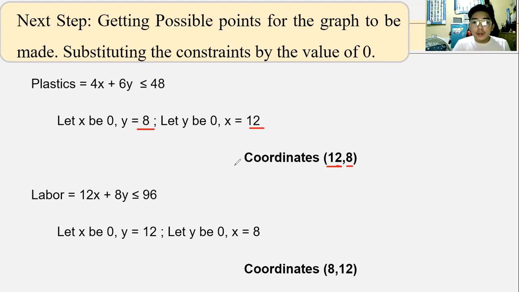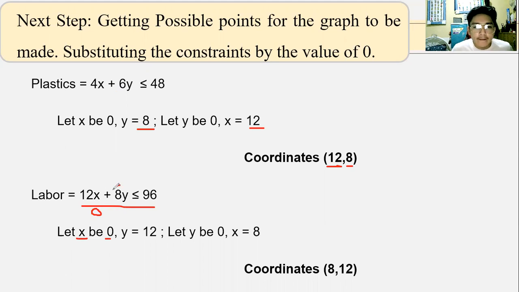And then we're also going to do the same in the equation of the labor for us to get the second coordinates. So the equation for labor is 12x plus 8y is less than or equal to 96. We're going to replace the value of x by 0. So this would be 0 because 12 times 0 is 0.